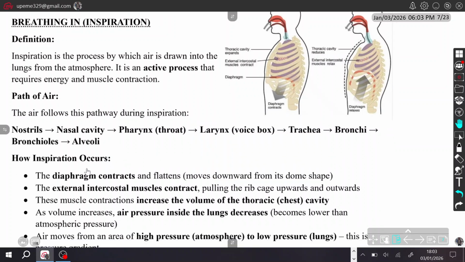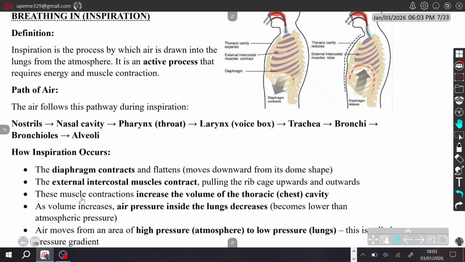Then these muscle contractions increase the volume of the thoracic or chest cavity. So the space inside the chest becomes bigger.